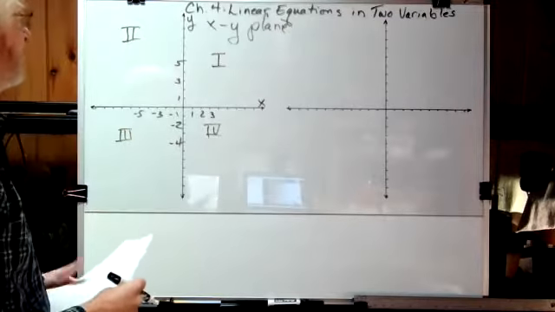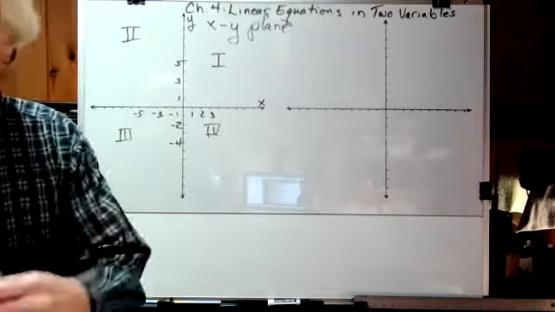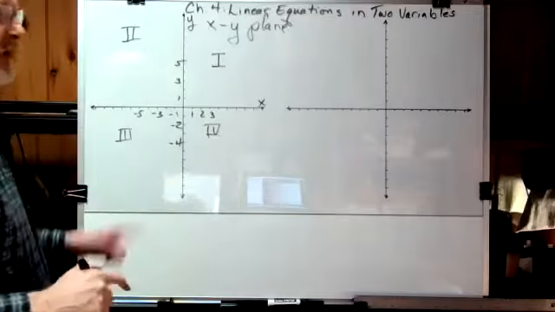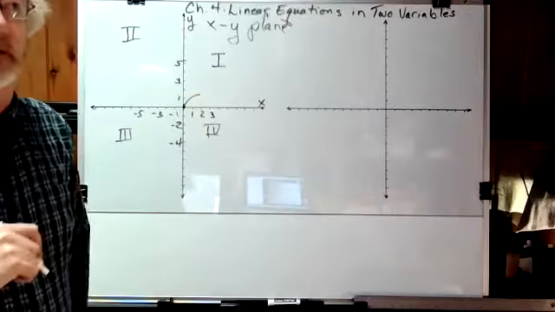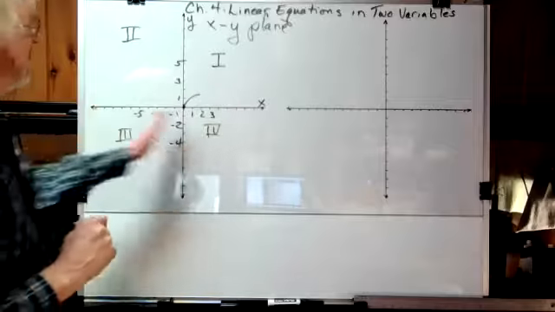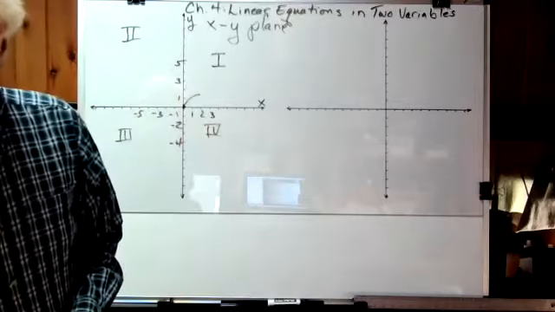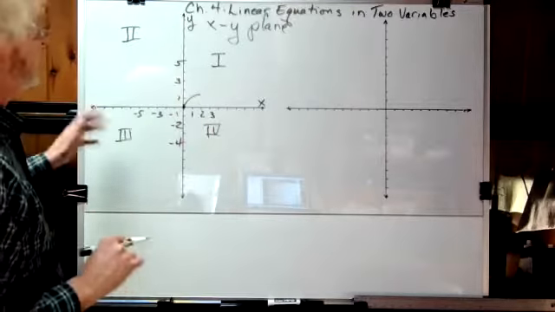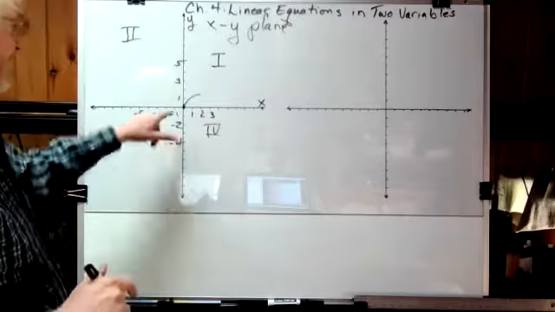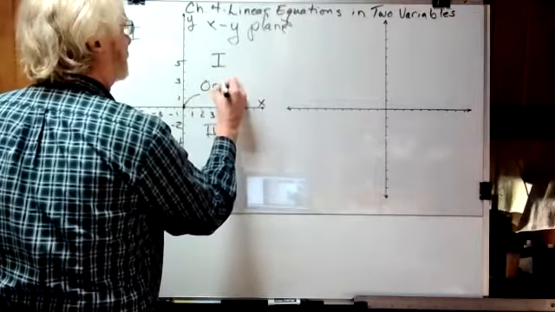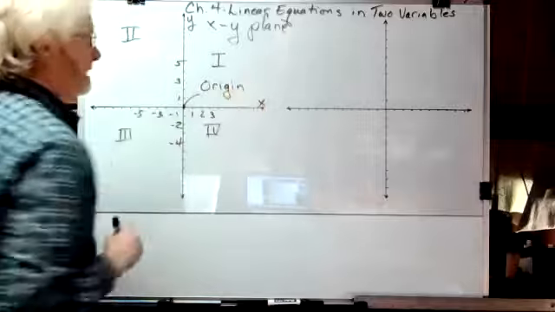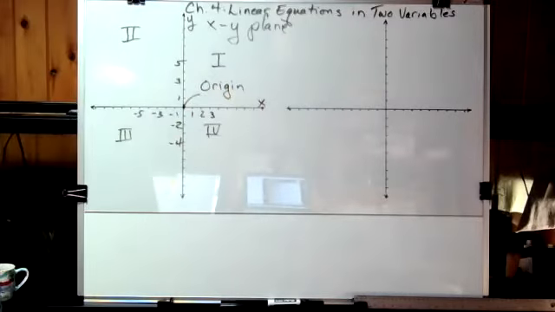Just some general ideas here. And if I want to start counting in this system, well, here's my center point, and I have not moved in the x direction at all or in the y direction at all. So this is called 0, 0, or the origin. You say that point there is called the origin.